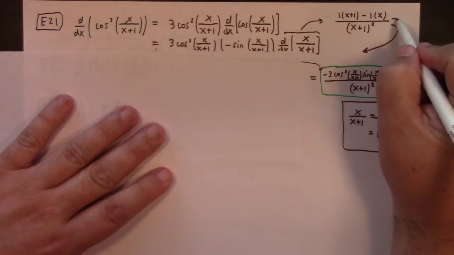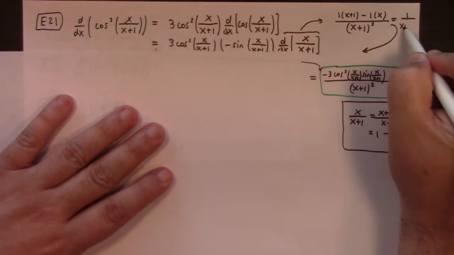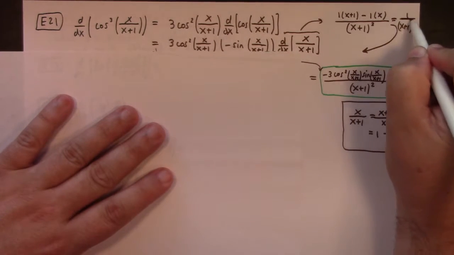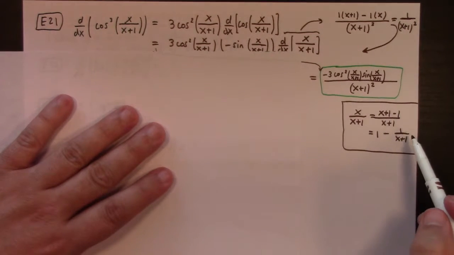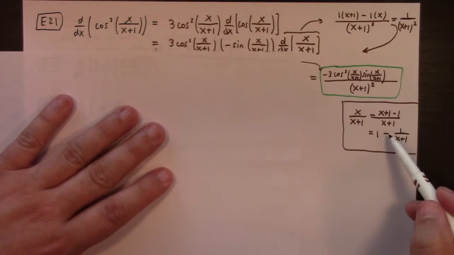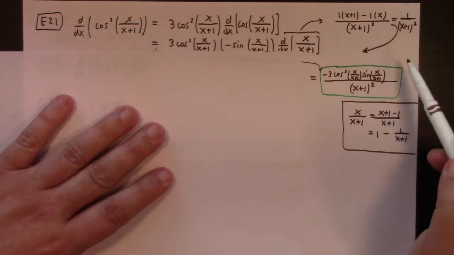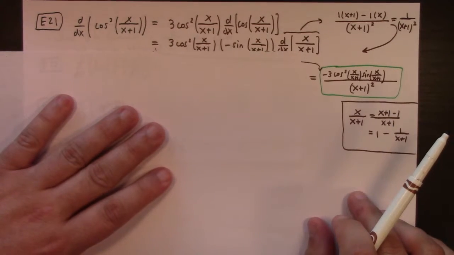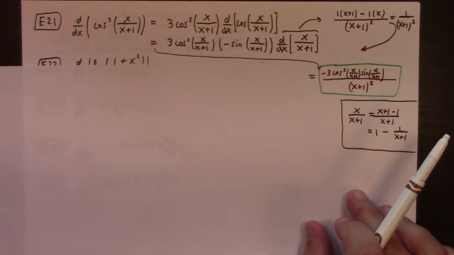This simplifies to just 1 over x plus 1 squared. Quite clearly the derivative of this is 1 over x plus 1 squared, because the derivative of the reciprocal function is minus 1 over the square, and there's a minus here, so that's why we ended up with just multiplication by 1 over x plus 1 squared up here. Anyway, just kind of an interesting comment there.